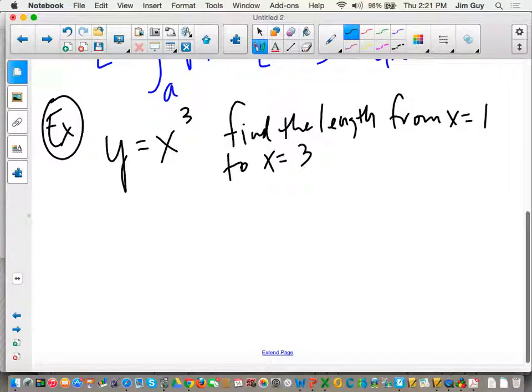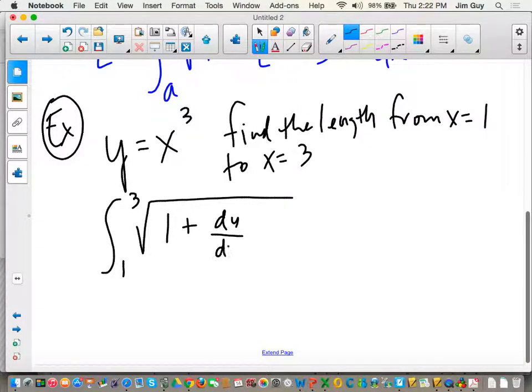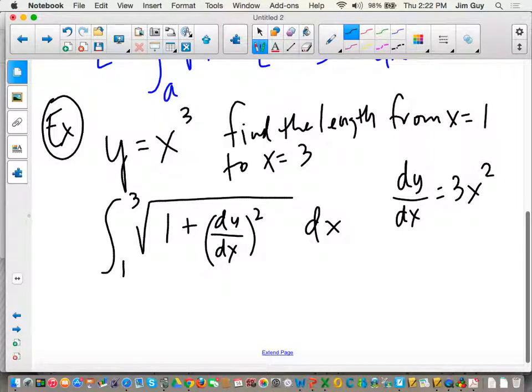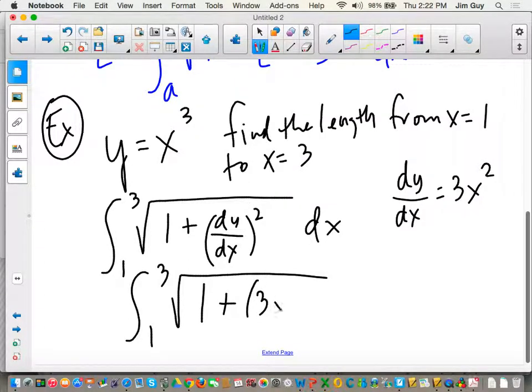So we have our formula: the integral from 1 to 3 of the square root of 1 plus dy/dx squared, dx. First step would be to find dy/dx, which is 3x squared. Then we're going to square that and plug it in here. So it will be the integral from 1 to 3 of the square root of 1 plus that quantity squared. Don't forget to square everything.